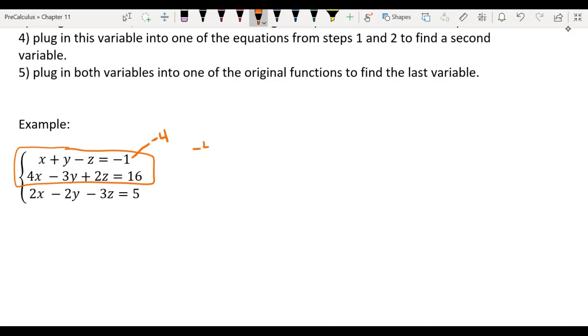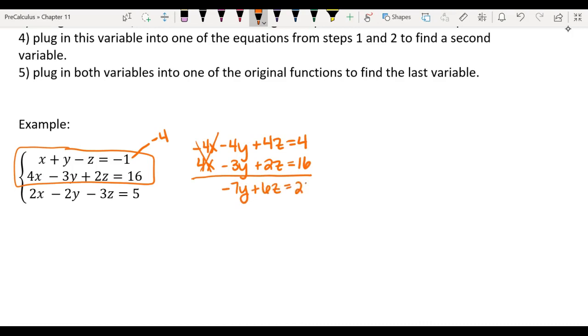From that, you would get negative 4x minus 4y plus 4z equals 4. And then you have 4x minus 3y plus 2z equals 16. And now I'm going to use elimination. These two cancel. I get negative 7y plus 6z must equal 20.